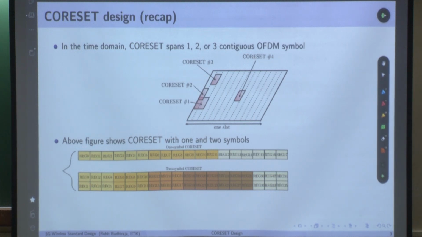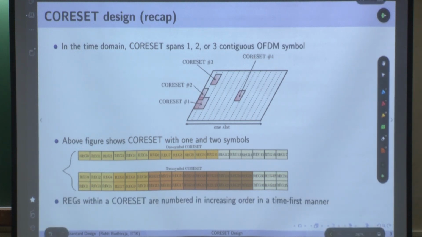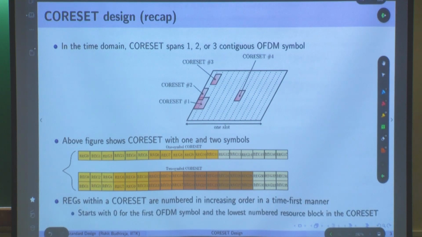And if we are defining it for 2 symbols, REGs within a Coreset are numbered in increasing order in a time-first manner, like this. So REG 0, and then you allocate REG 1 to the next symbol. Similarly, if there is a third symbol, REG 0, 1, 2. That is what is said here: it starts with 0 for the first OFDM symbol and the lowest numbered resource block in the Coreset.